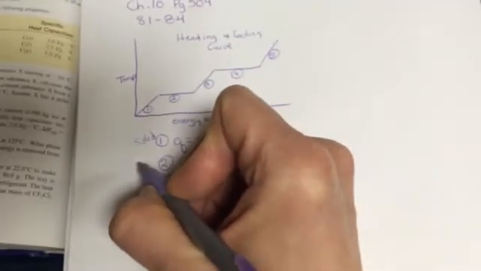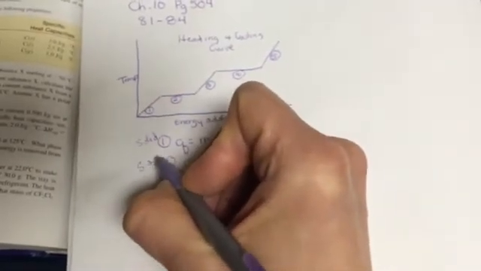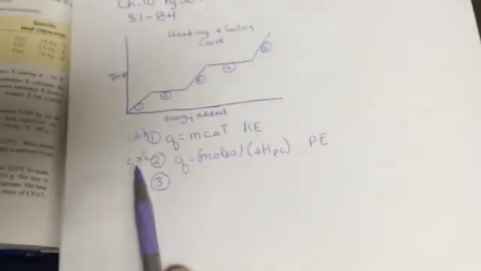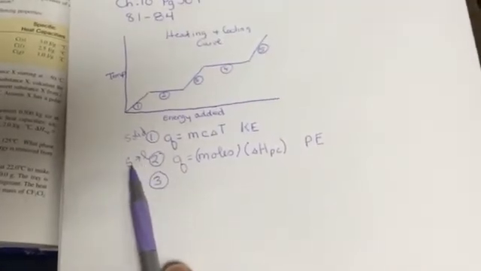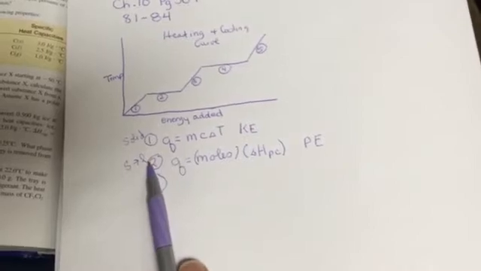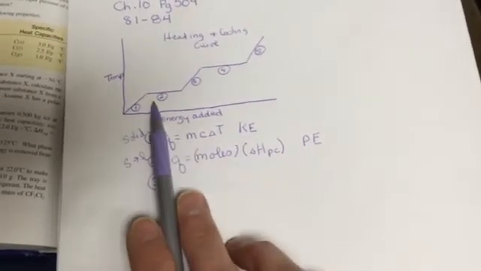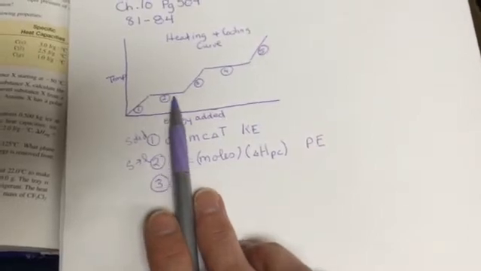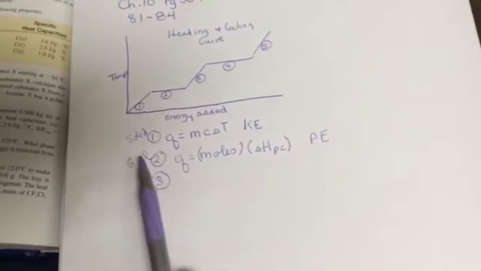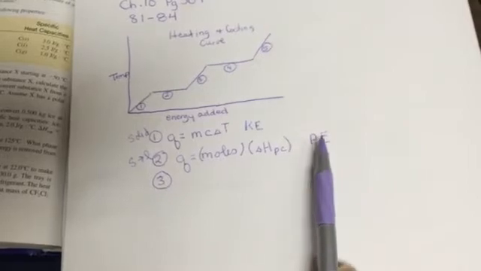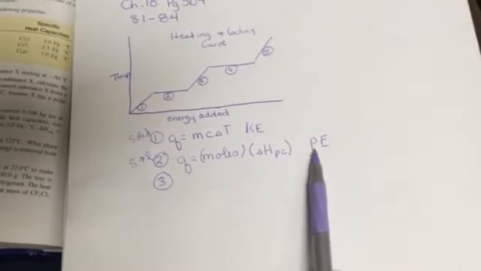And then in phase 2, the solid would be converting to a liquid. In order for the solid to convert to a liquid, we have to add energy. But that energy isn't going to make the temperature change, which is evident because the temperature stays the same. Instead, it's just going to weaken the potential energy of the intermolecular forces.